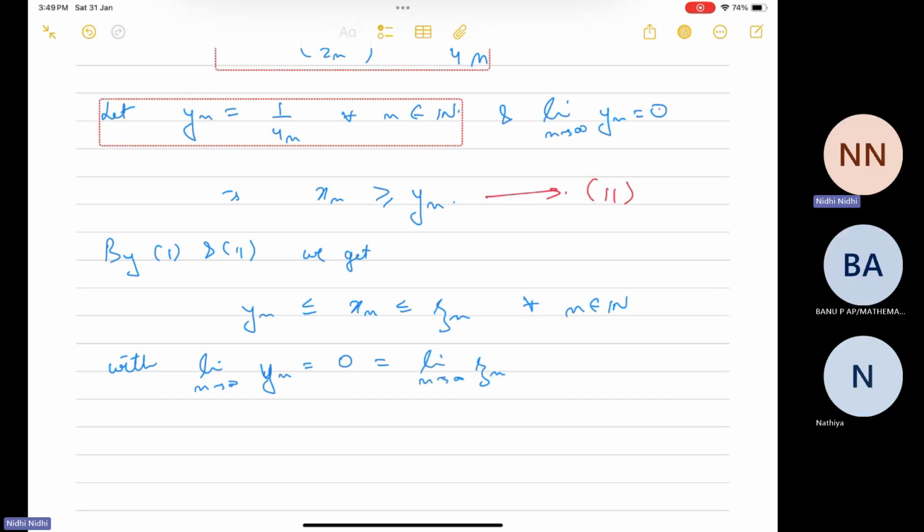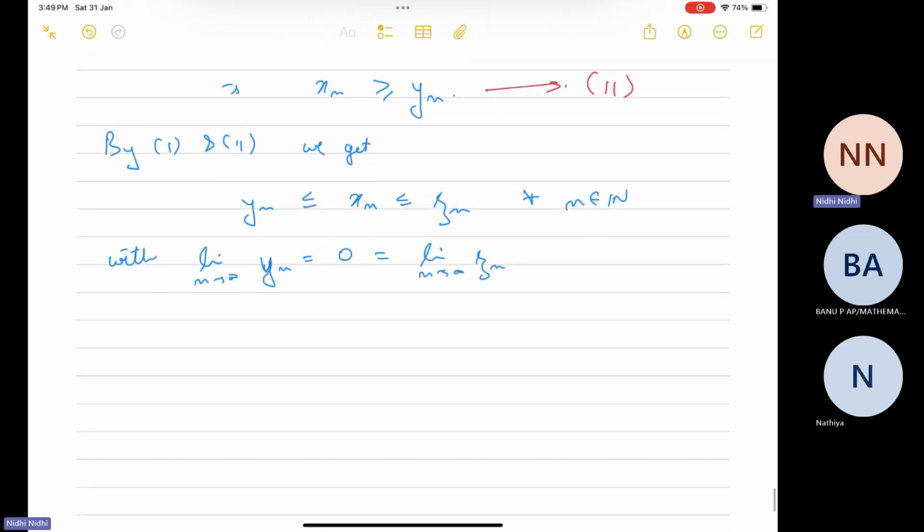Therefore, by the squeeze theorem, the sequence xn converges to the same limit, which is 0.